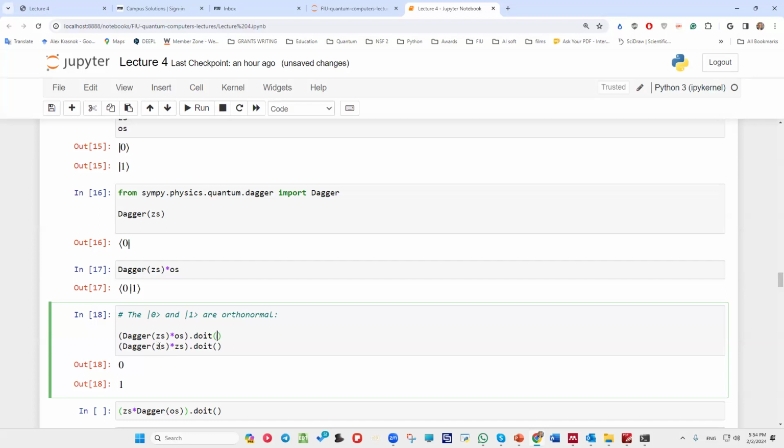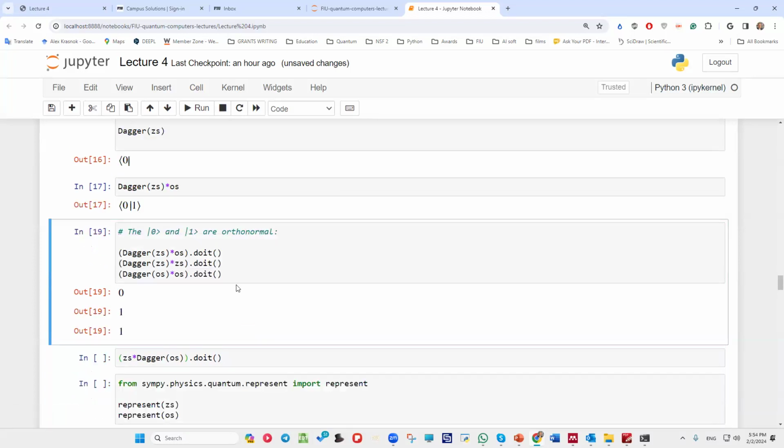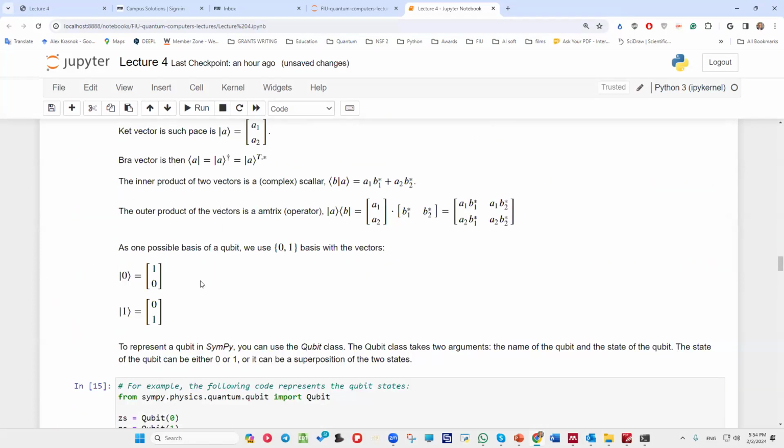However, if I take the product of the same vectors, 0 and 0, I get 1. And likewise, for the state 1 and state 1, I also get 1. So I conclude that these vectors 0 and 1 are orthogonal. Again, we introduce these vectors 0 and 1 to describe the state of a generic qubit.